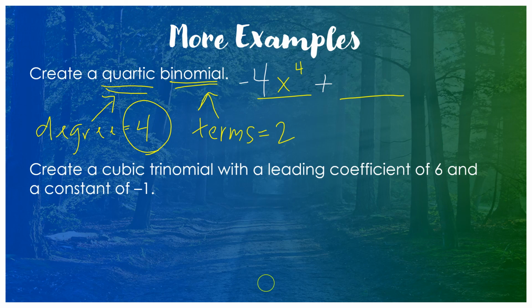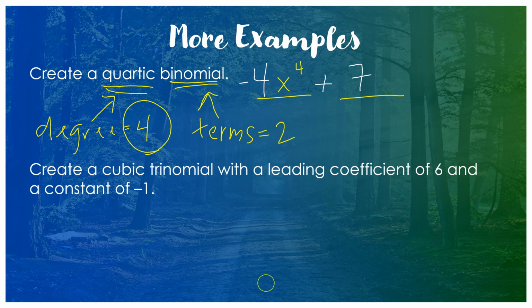Now, the only thing you have to be careful of for your second term is that the exponent cannot be 4, and it cannot be bigger than 4. If it's equal to 4, these are like terms. If it's higher than 4, you've now changed the degree. So I can just keep it simple and do +7. And that would be a binomial. And again, it's quartic because the highest exponent is 4.